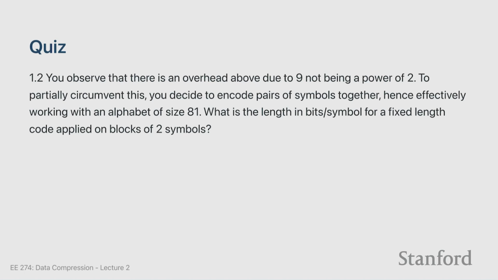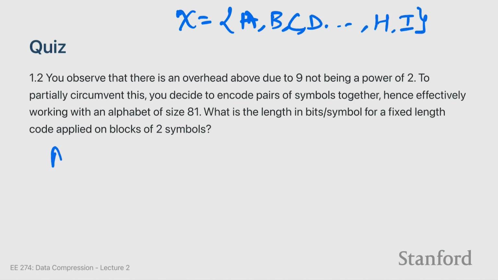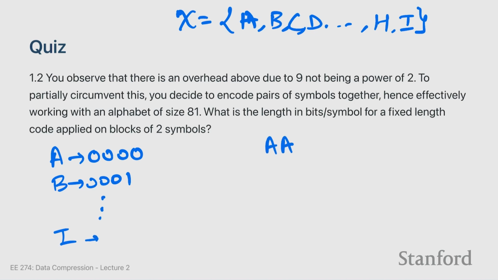So if your alphabet was A, B, C, D up to H, I, the original code would make A become 0000, B become 0001, so on, up to I. Now you will create a new code, which is AA, AB, AC, AD, and so on, up to II. So effectively you're creating an alphabet of size 81, the product alphabet of these two.